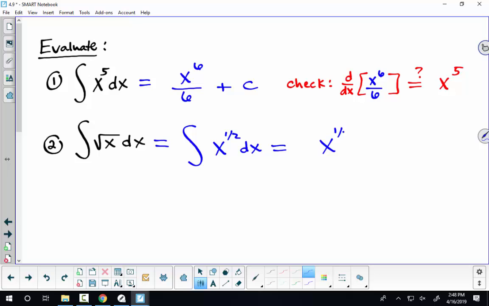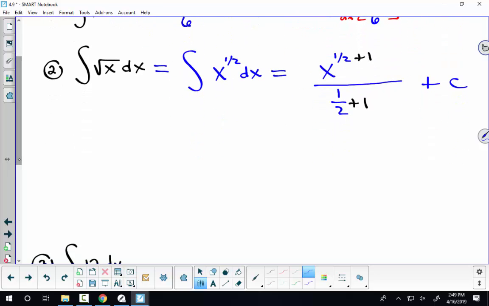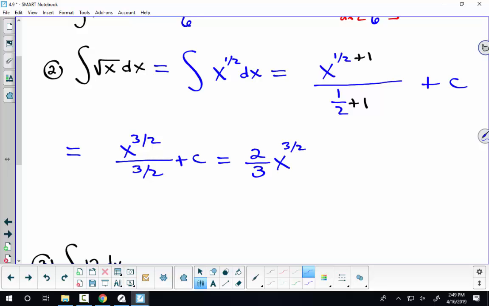We add 1 to the power and divide by the result. So we've got x to the 3/2 over 3/2 plus c, which is 2/3 x to the 3/2 plus c.